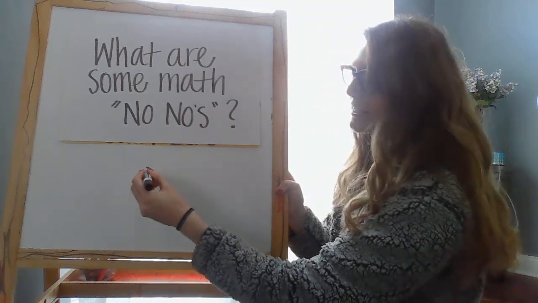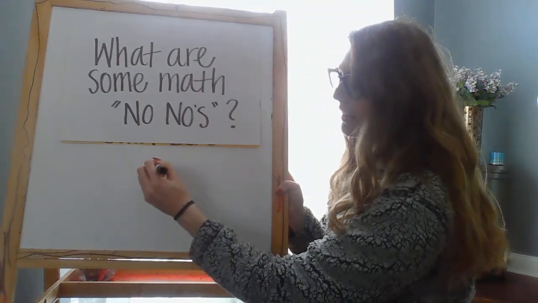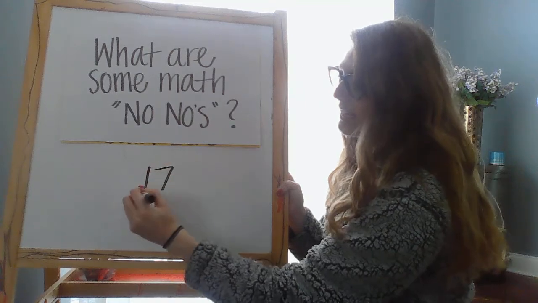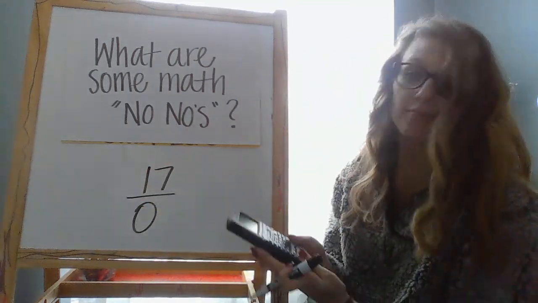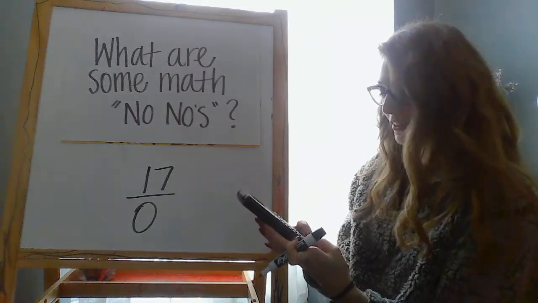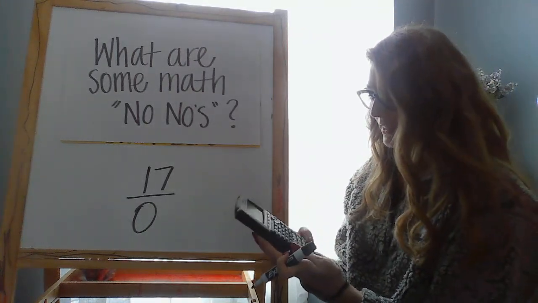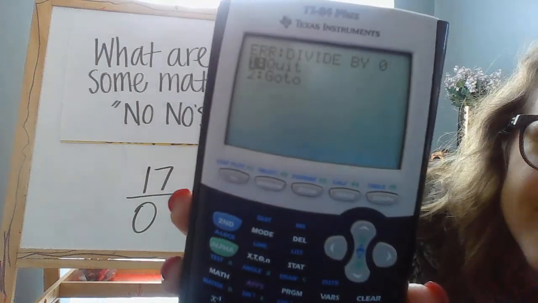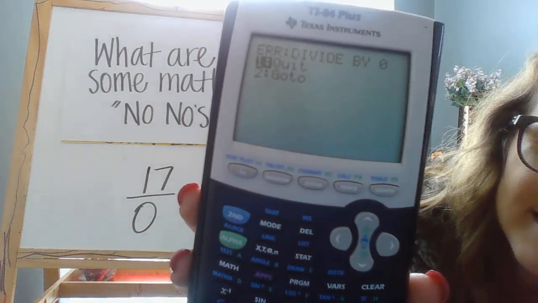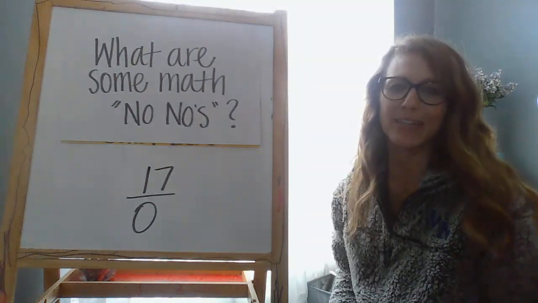Similarly, if you were to try to type in your calculator something like 17 divided by 0, what would your calculator say? I happen to have my handy dandy calculator here with me. If I say 17 divided by 0, let's see if we can show you that there. It says error, dividing by 0. It doesn't let us divide by 0. That's impossible.